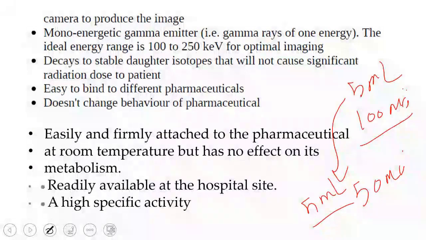If the specific activity is high, and you increase the saline, you are increasing the volume. Therefore, the probability of interactions will be lower than if your volume is small and your activity is high in that small volume. In that case, the probability of interactions between the isotope and the chemical compound will be high.